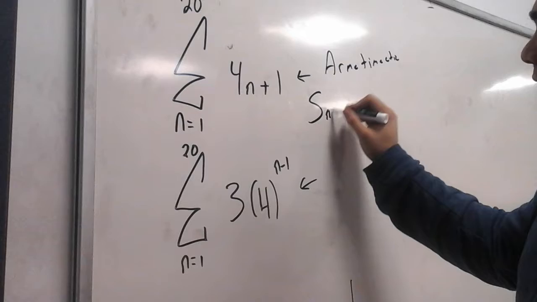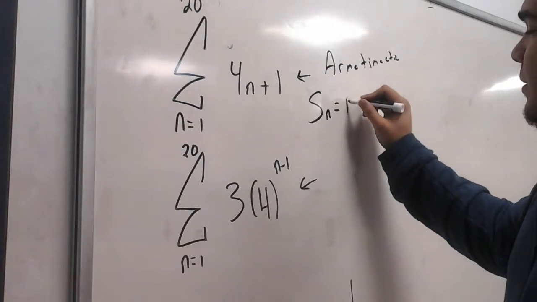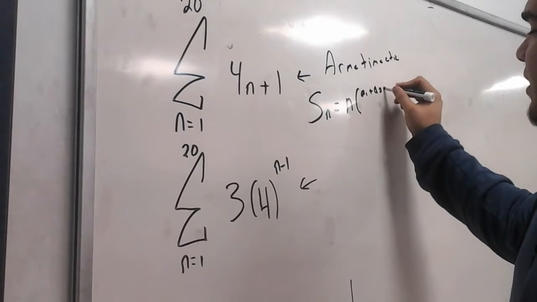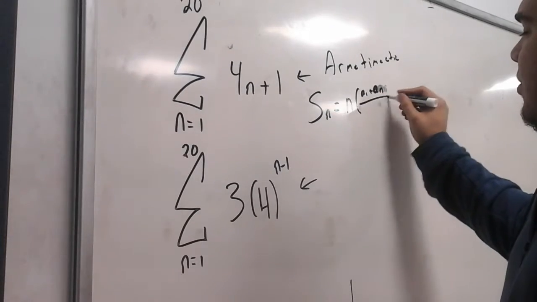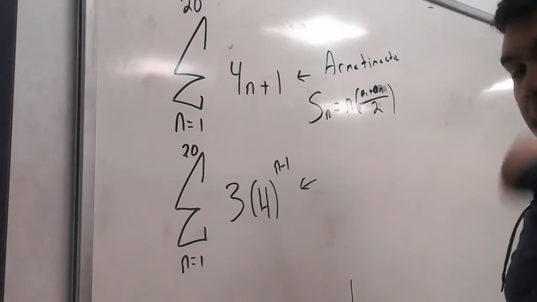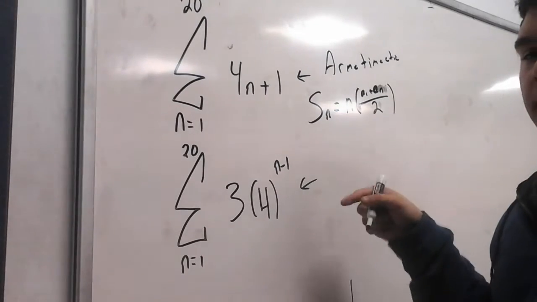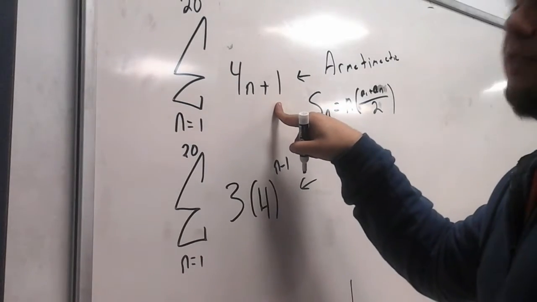The sum of n equals n times a1 plus an, over 2. For this one, you're going to plug in 20 for n and then solve it out. Now you realize, wait a second, I don't know what a1 or a of 20 is.